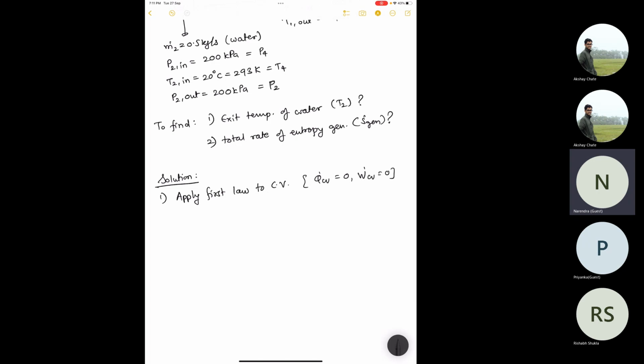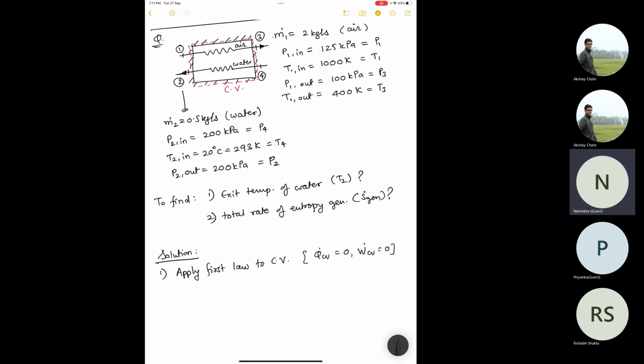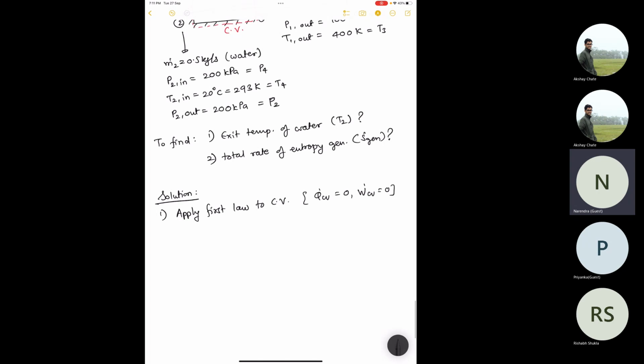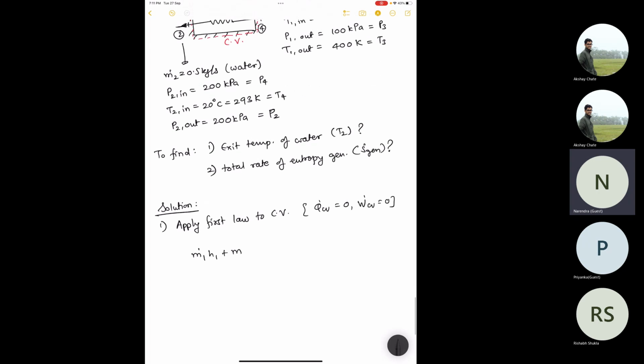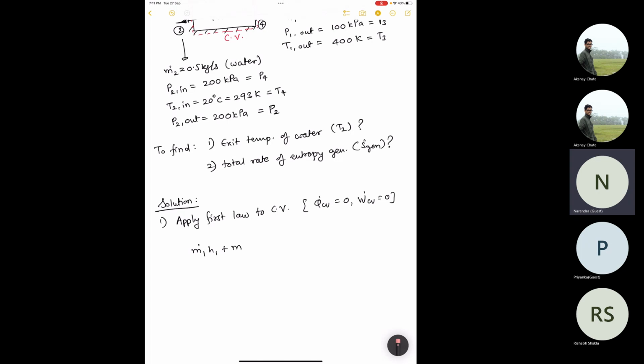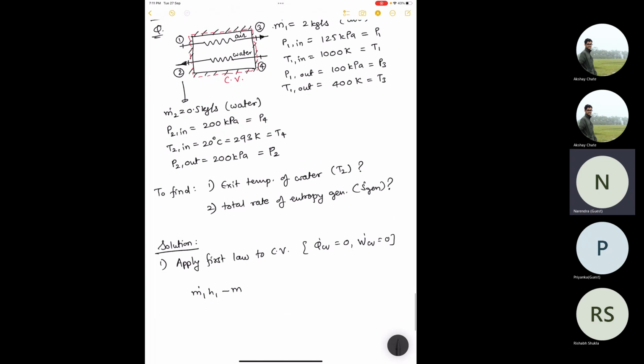So basically, let me just write this way, m dot 1 h1 plus m dot c. The air is hot, right? So it is losing its heat or energy.